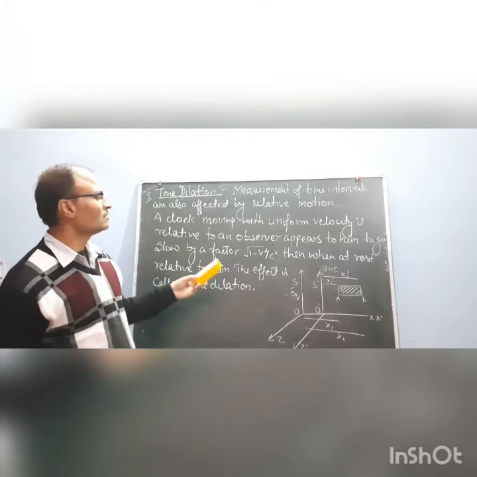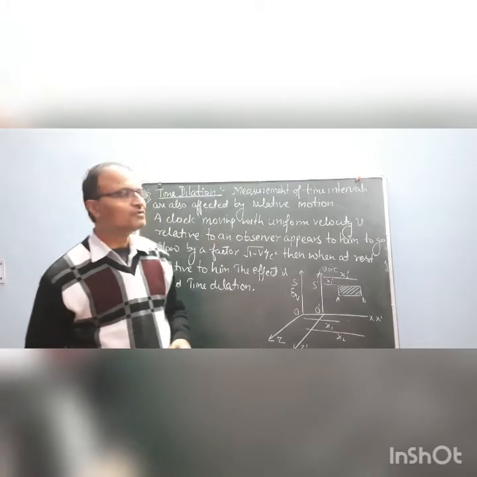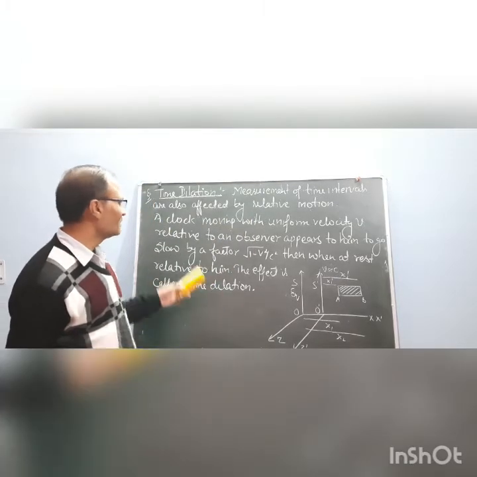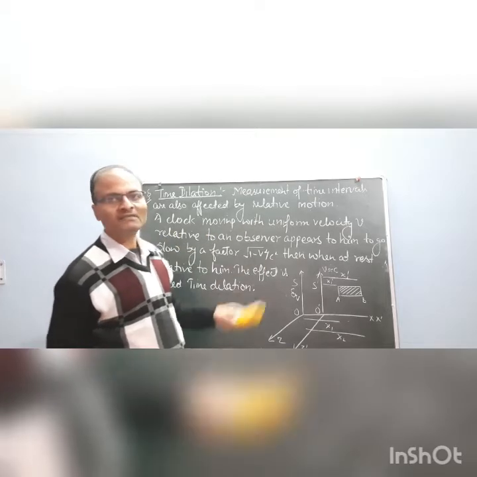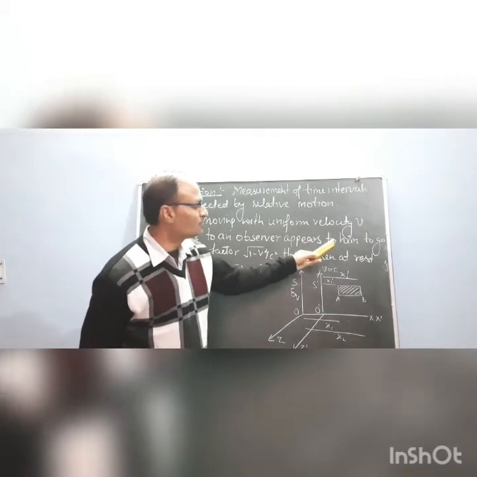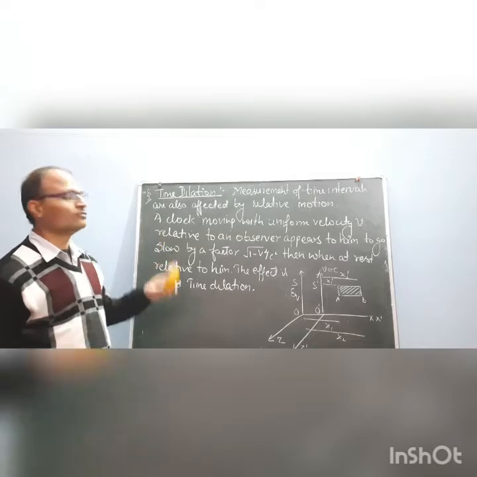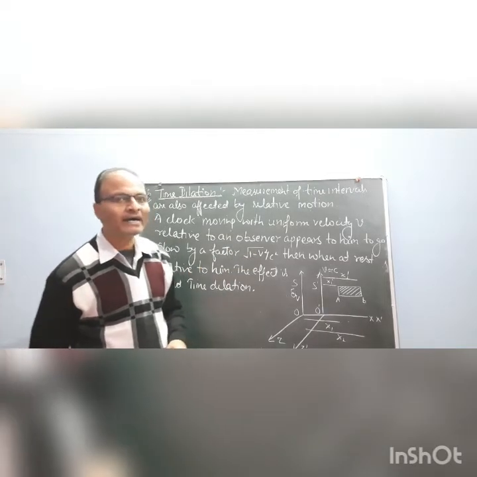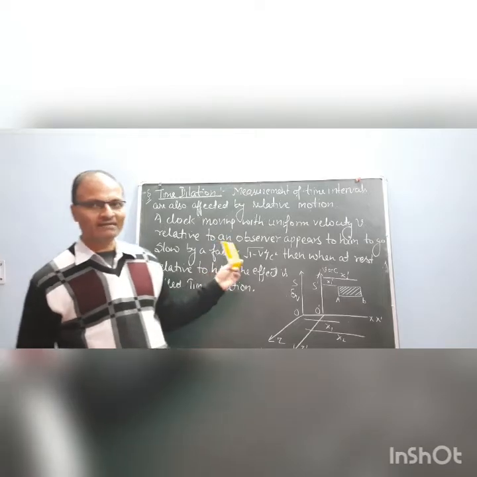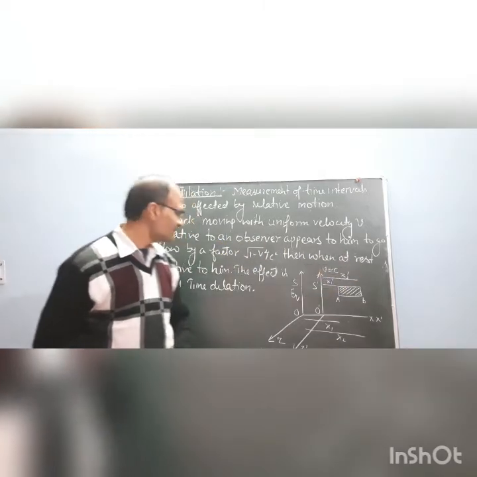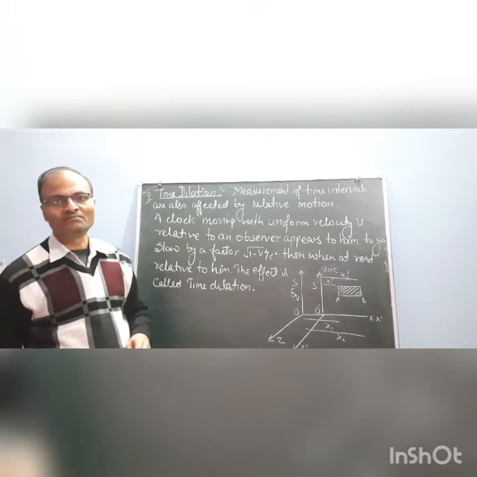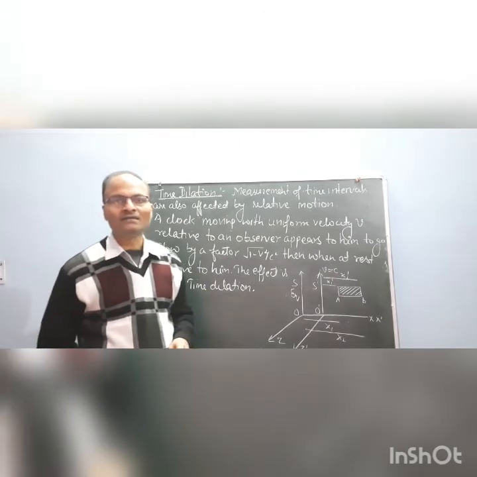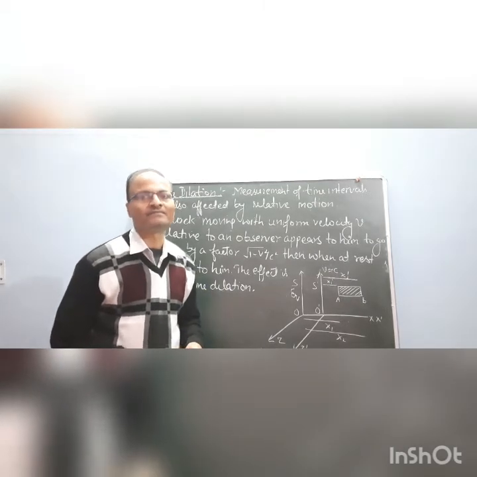A clock moving with uniform velocity v relative to an observer appears to him to go slow by a factor of under root 1 minus v square upon c square, than when at rest relative to him. This effect is called time dilation.